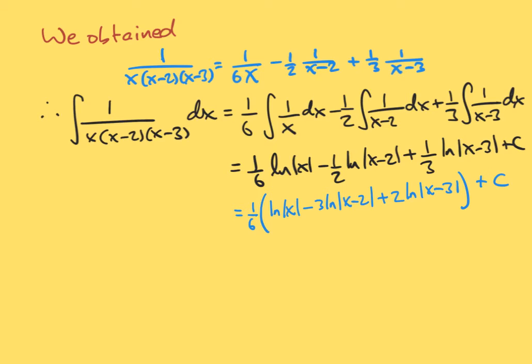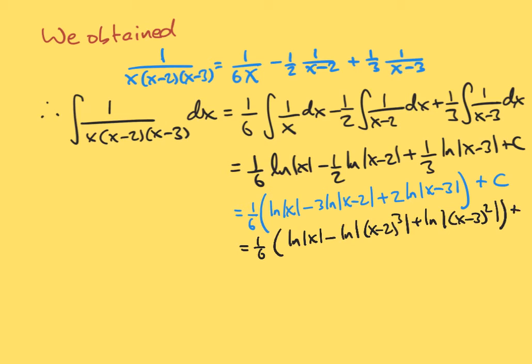And what we get is 1/6 brackets the logarithm of mod x minus the logarithm of the modulus of x minus 2 cubed plus the logarithm of the modulus of x minus 3 squared, close brackets, plus some integration constant.